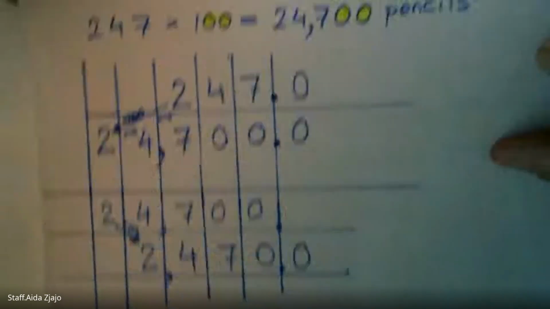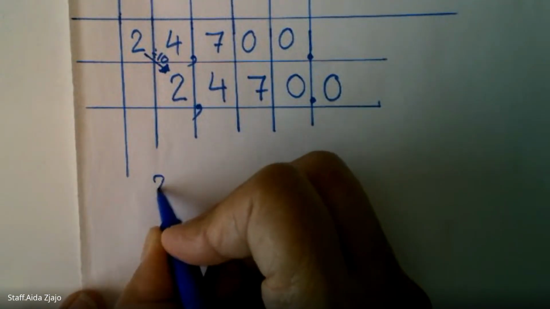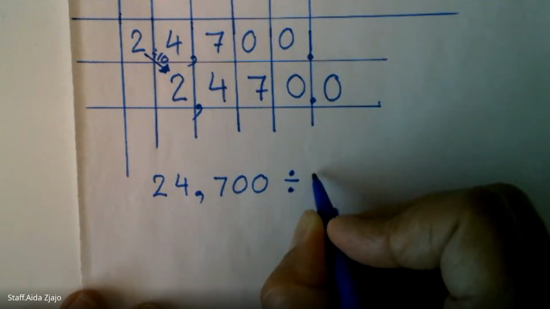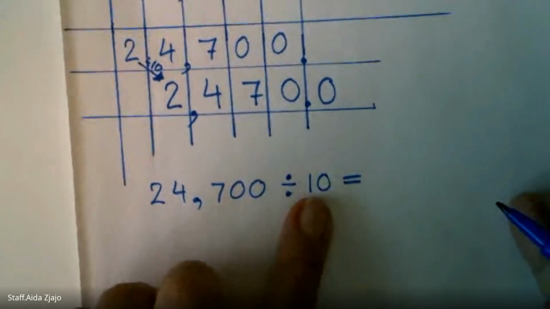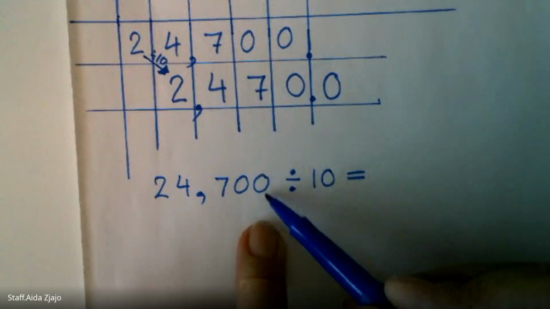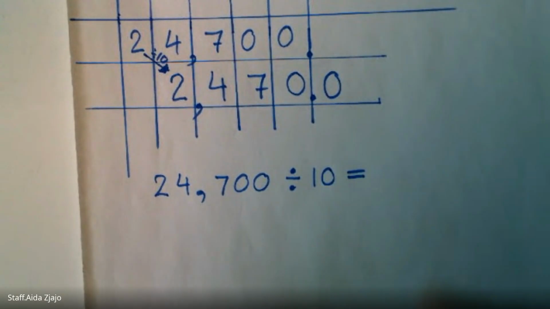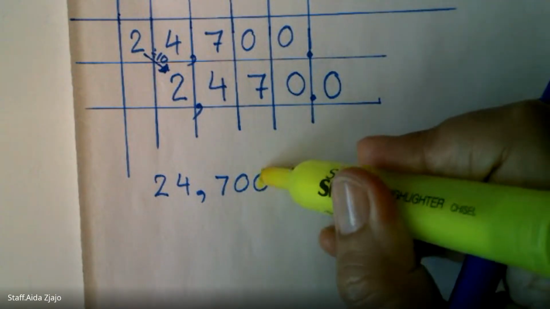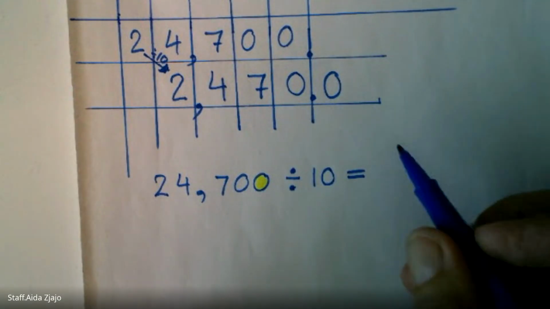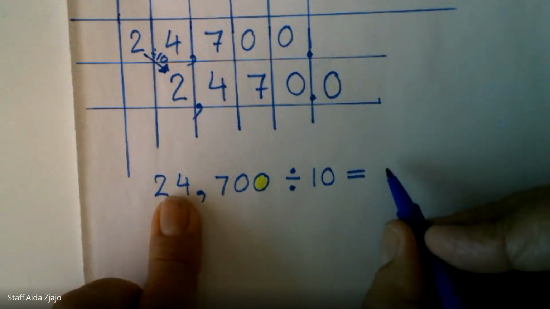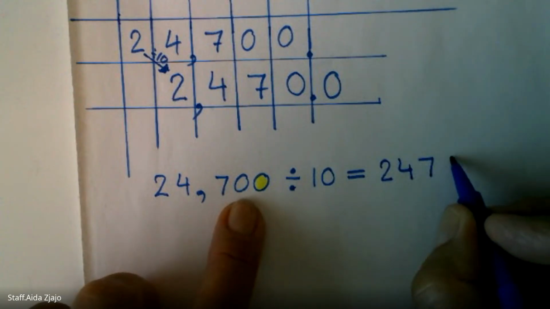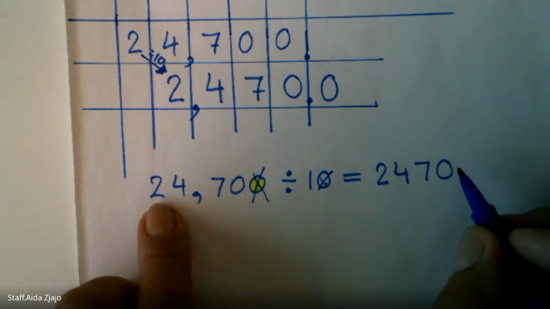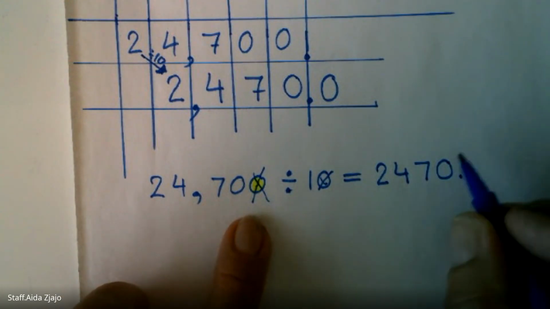Your number was 24,700 pencils, and it will be divided by 10, so it will lose one zero. If a number gets 10 times smaller and you have a zero in your number, then it will lose that zero. So we can write 2,470, without the last zero, and that would be the final answer.